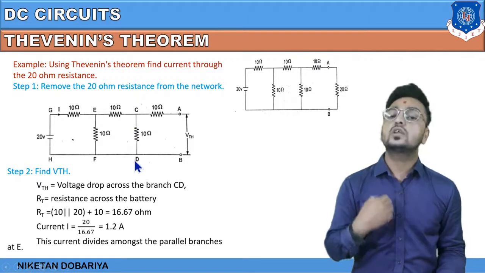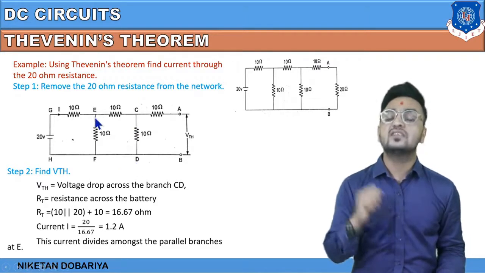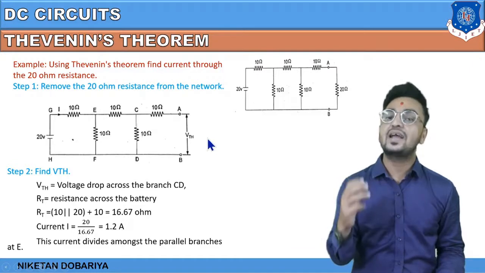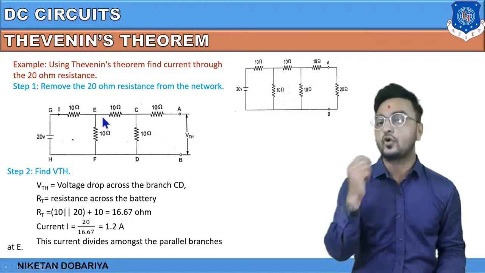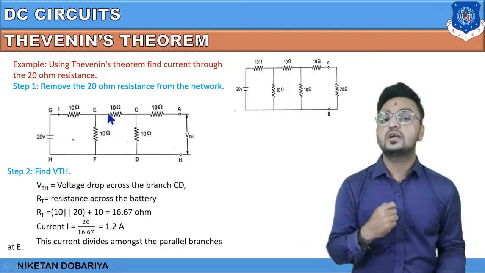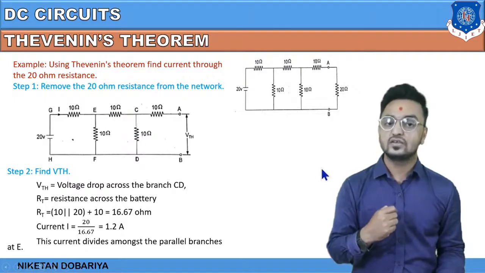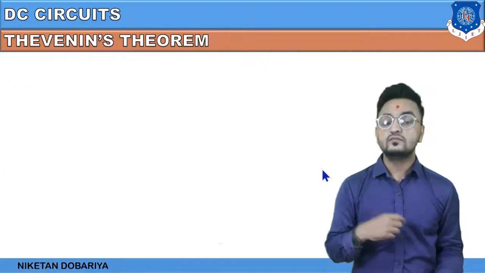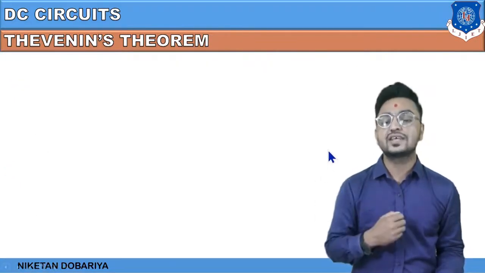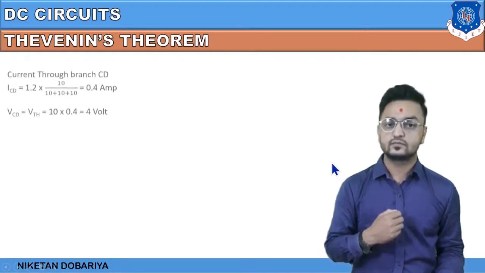And for that we can use the current divider rule at this terminal E. So if we apply the current divider rule at this point E and find out the current through this branch ECD, that is going to be as mentioned in this given equation over here.